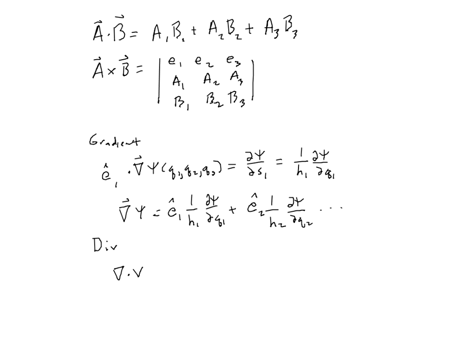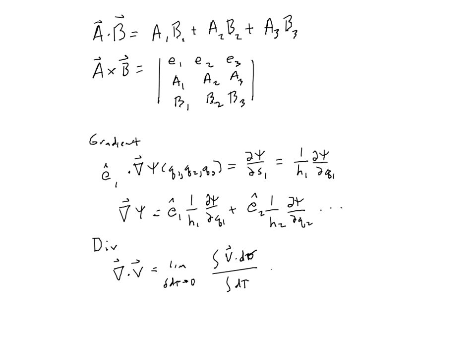And so to calculate your divergence, it's essentially the limit as delta tau goes to 0 of the integral of v dot d sigma divided by the integral of d tau.